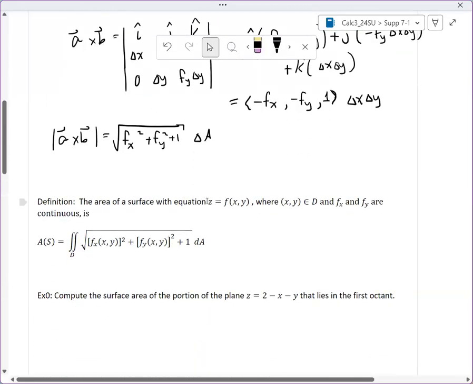The area of a surface with equation z equals f of x, y, where x, y is in some domain and fx and fy are continuous, is given as the double integral of the square root of fx squared plus fy squared plus 1 dA.